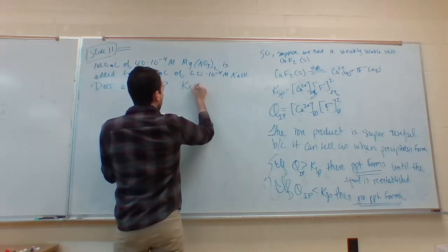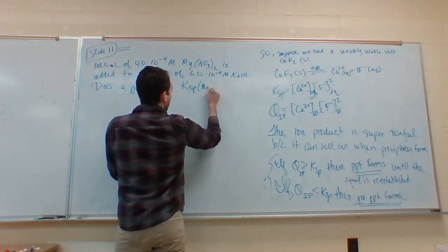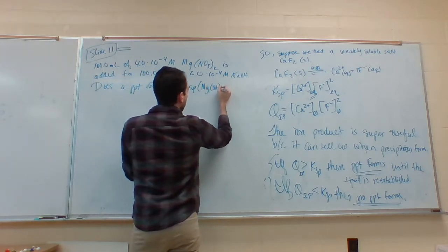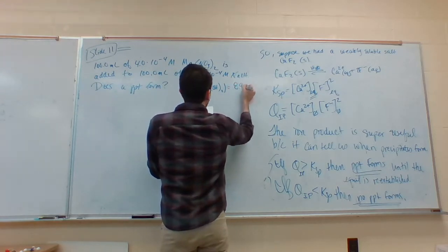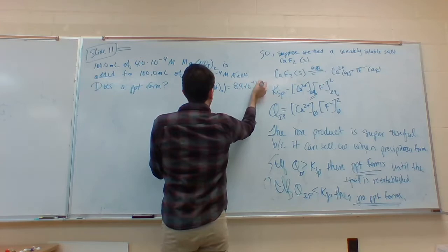And you'll also need your Ksp for magnesium hydroxide, and that's going to be equal to 8.9 times 10 to the negative 12th.